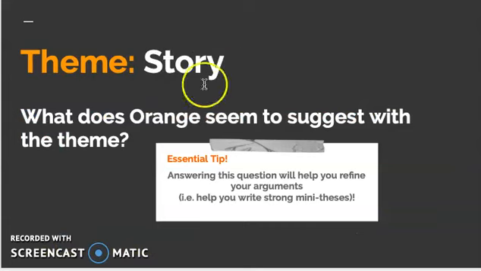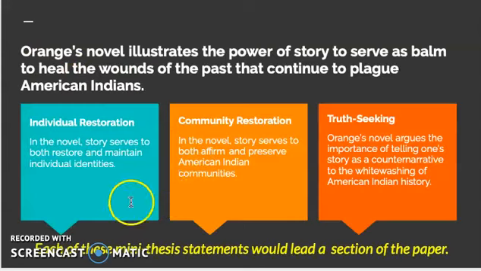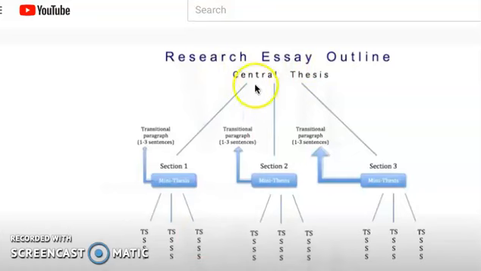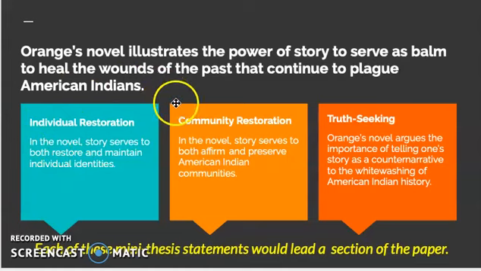I also did one on the theme of story. And again, we always want to ask that really important question: so what? So what is he suggesting with this theme? In this case, this would be our central thesis, and these would be those individual mini thesis statements. So again, that's the central thesis and then each one of those mini thesis statements. Here we have this notion about story as a way to heal wounds of the past.